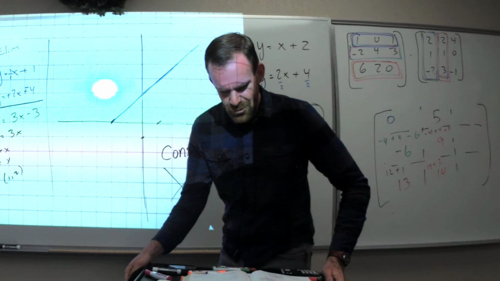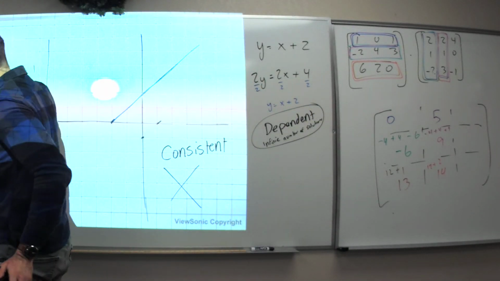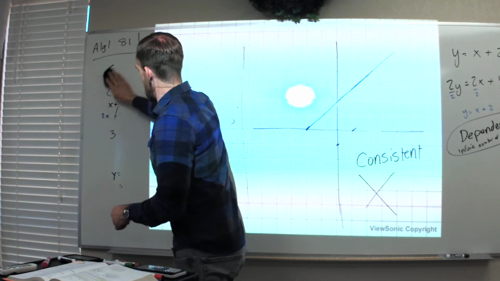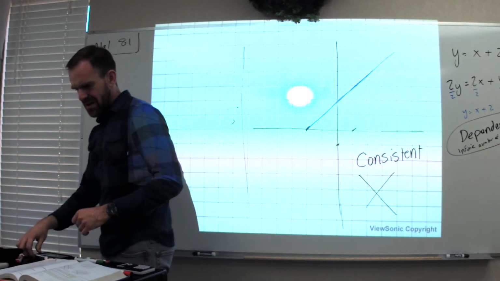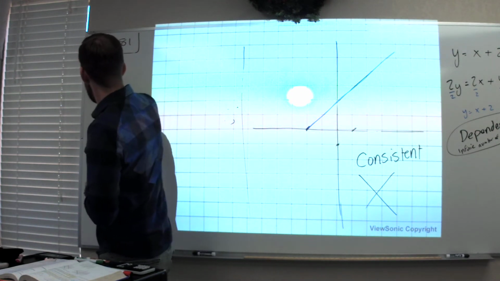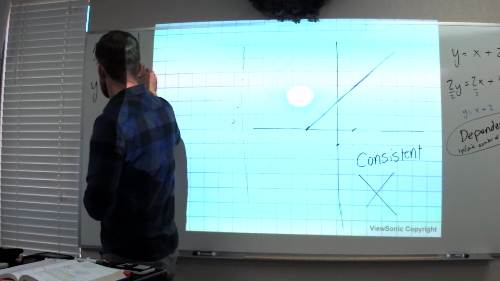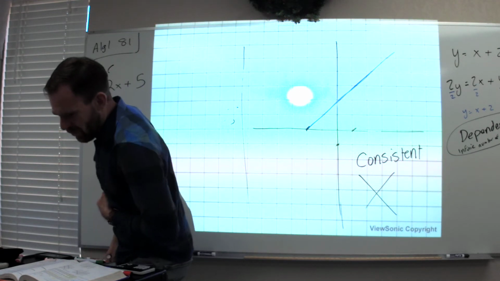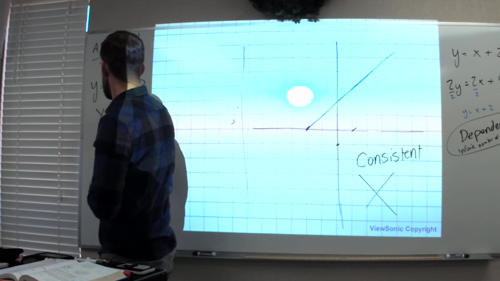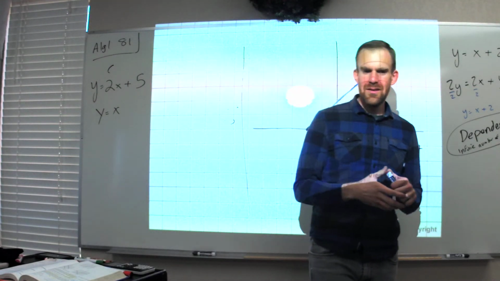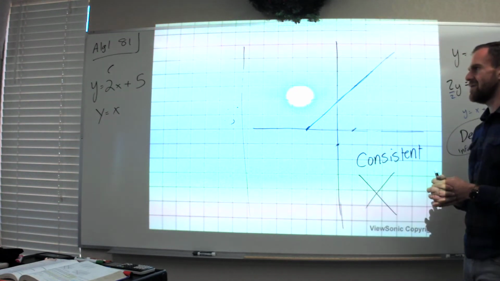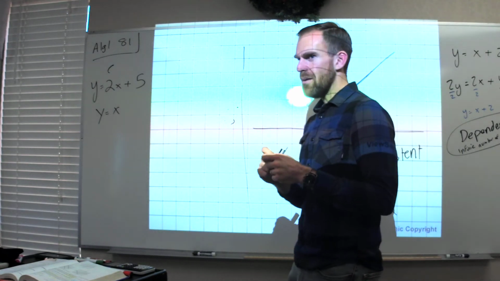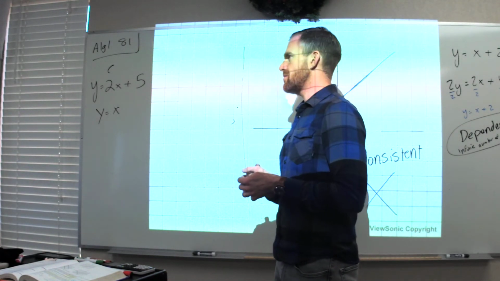So with that said, let's try one more example problem. This is example 81.6. Okay, so we are going to consider the equation y equals 2x plus 5 and y equals x. Is this consistent, inconsistent, or dependent? Dependent. Now, I'll give you the trick. If the slope is not the same, it's consistent.